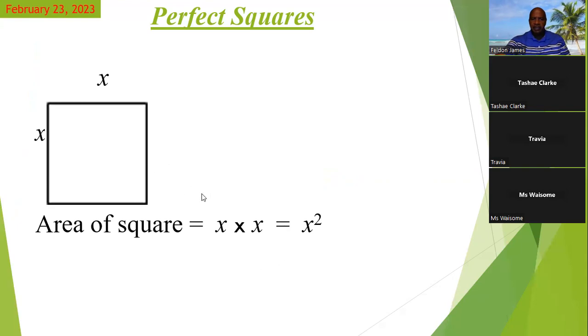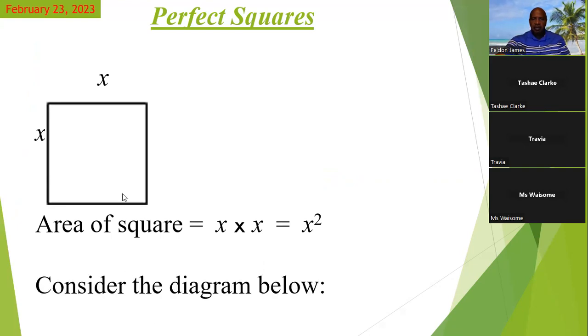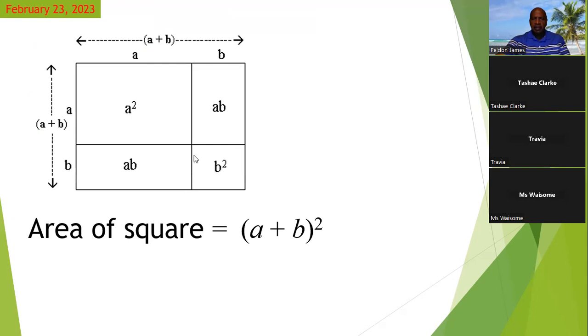In this case, this square has length x, so we multiply x times x to get the square area. Now, how is the square relating to the quadratic that we are referring to? If we look at this diagram, where we have one big square cut up into different parts, it is cut so that the length of this square is cut in two parts.